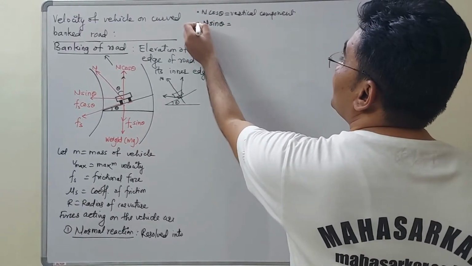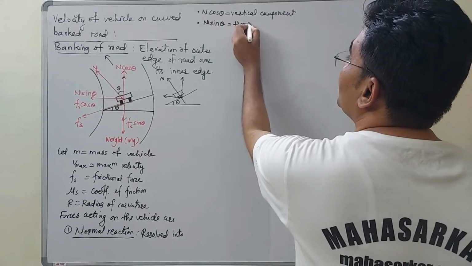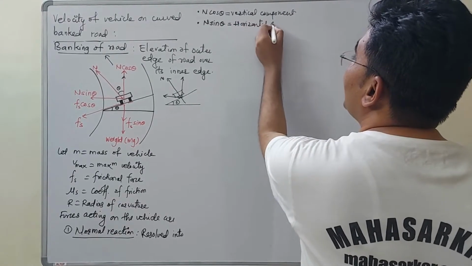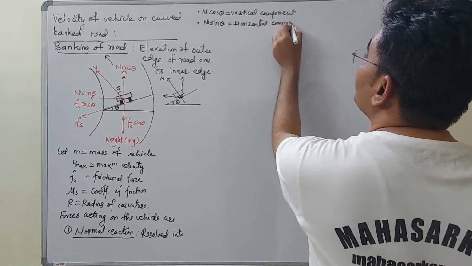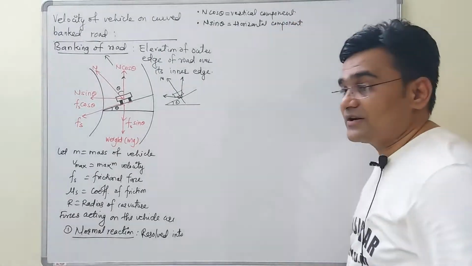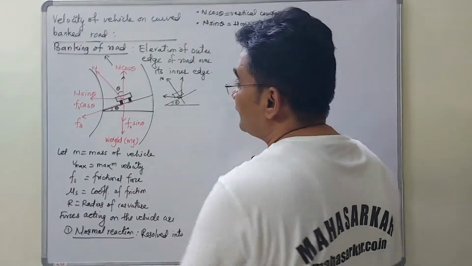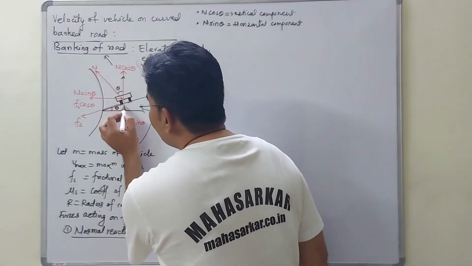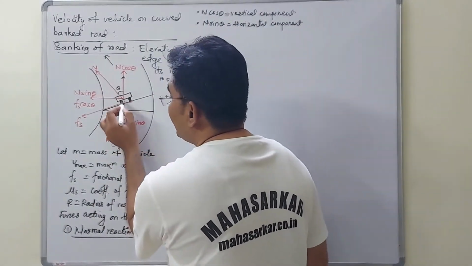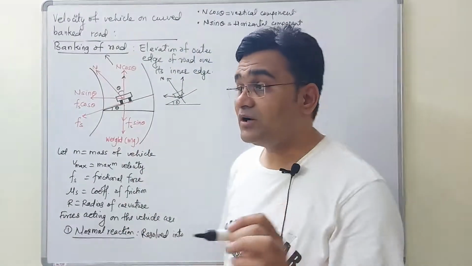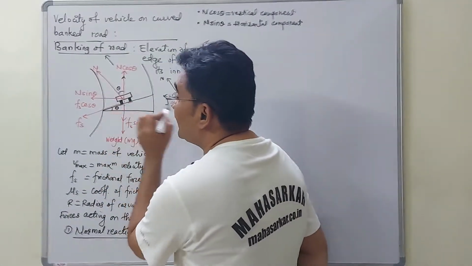N sin theta will be the horizontal component, and this will be directed toward the center of the curvature. Now along with this N sin theta and N cos theta, there is friction between the road and tires of the vehicle.